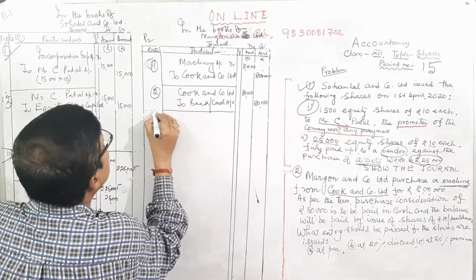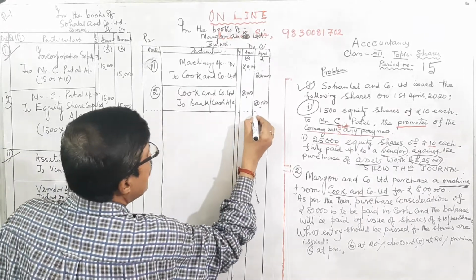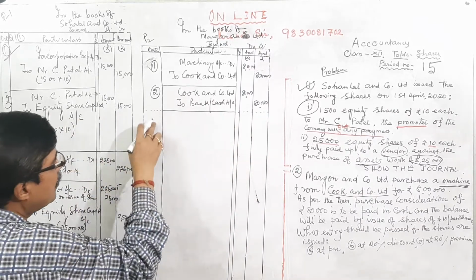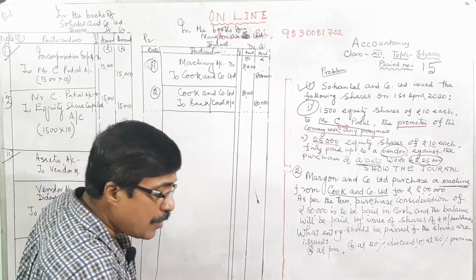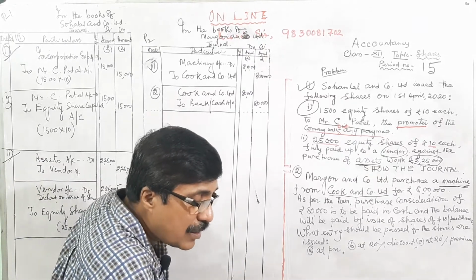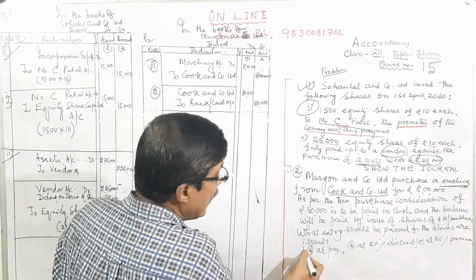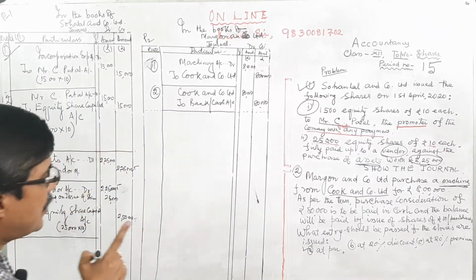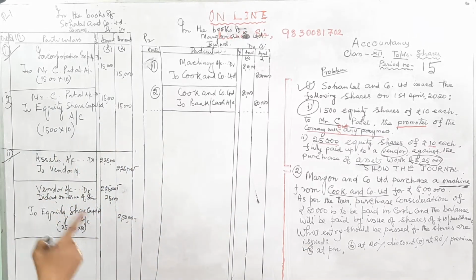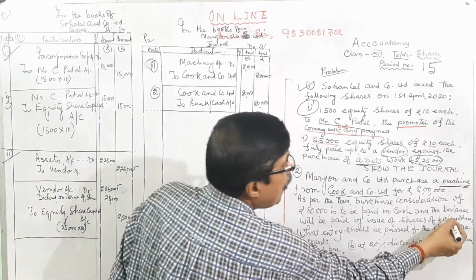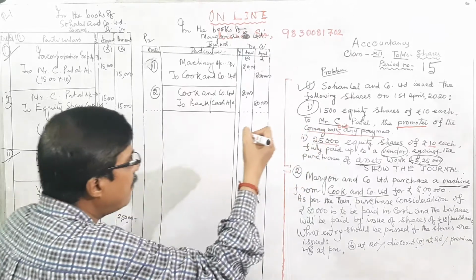Up to this we are drawing the secondary line. The temporary line I have drawn to give a clear idea. First is this. Then 7,20,000 is to be paid by shares at par of rupees 10.